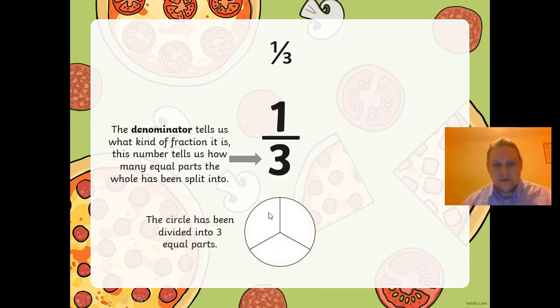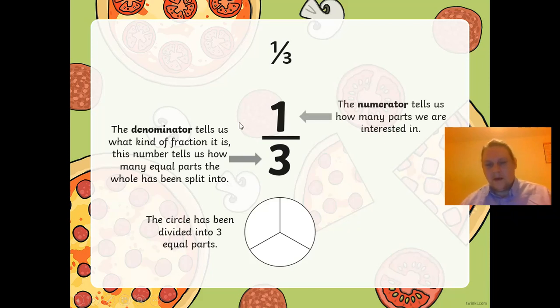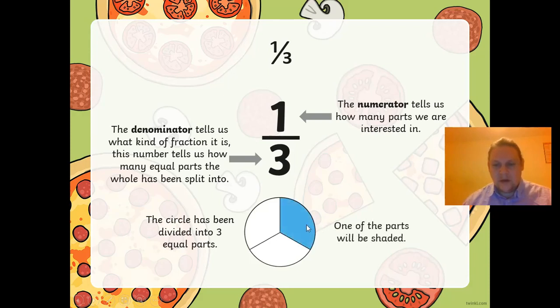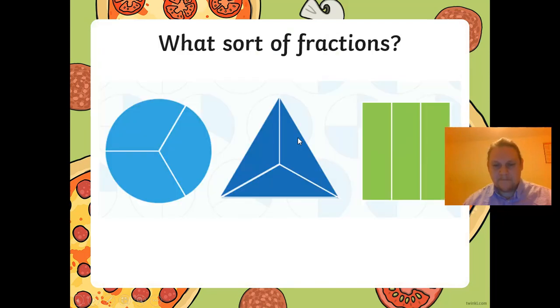The circle's been divided into 3 equal parts, 1, 2, 3. The numerator, or the top number, tells us how many parts we're interested in. We are interested in 1 part on this occasion. One of the parts has been shaded. That's why there's a 1 at the top of the fraction.